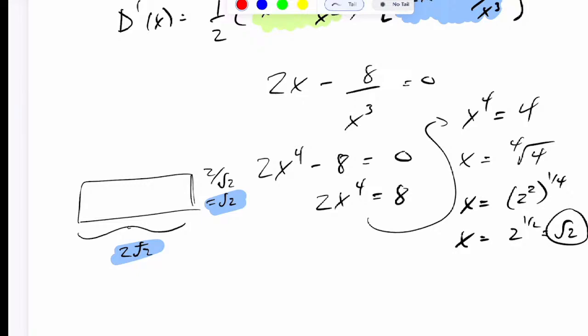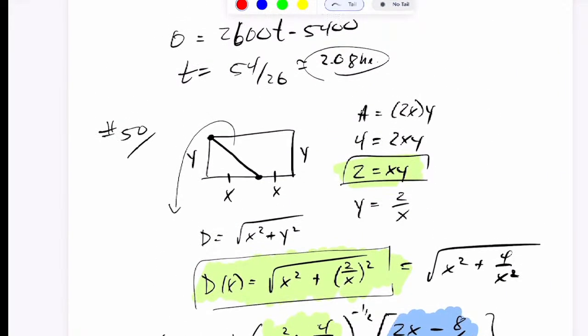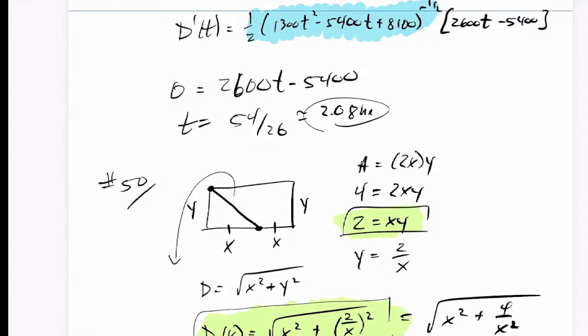Okay. Yusuf, for the wording of this question, they tell you that the area of a rectangle is 4 centimeters squared, and they ask you to find what dimensions of the rectangle will minimize the distance from the vertex to the midpoint of the non-adjacent side. So this is the adjacent side, so this is the opposite side, so the midpoint of the opposite side. So I drew a line from a vertex to the opposite side at the midpoint. Because it's the midpoint, these are x apiece.